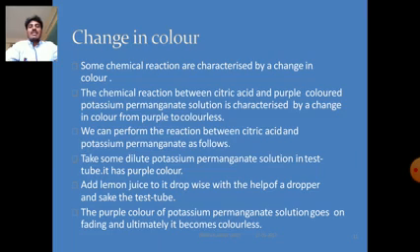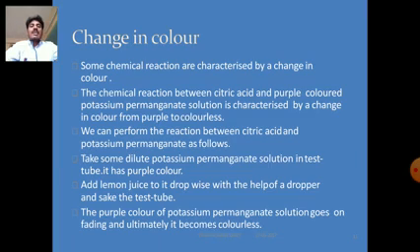The change in color. Some chemical reactions are characterized by a change in color. The chemical reaction between citric acid and purple colored potassium permanganate solution is characterized by a change in color from purple to colorless. We can perform the reaction between citric acid and potassium permanganate as follows. Take some dilute potassium permanganate solution in a test tube. It has a purple color.